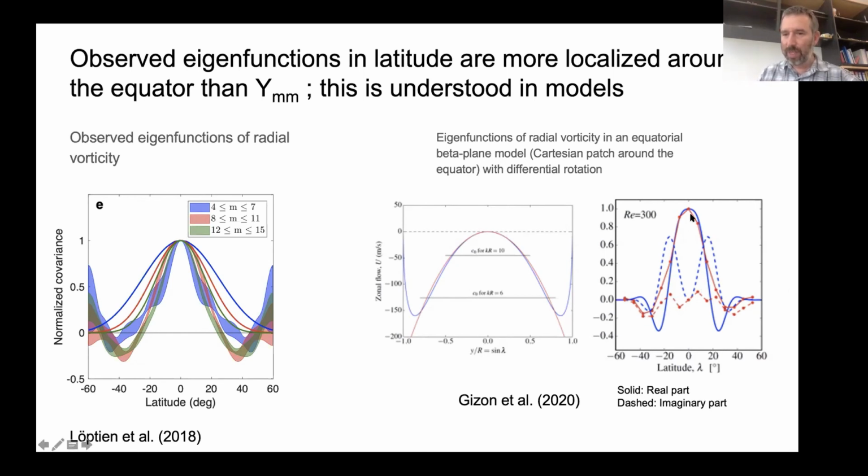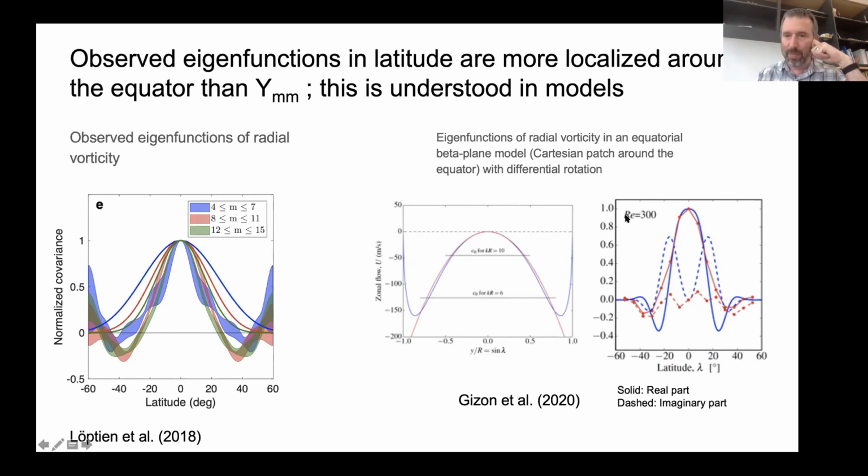The solid blue curve is the real part of the eigenfunction in the model. The solid red curve is the observations. The dashed blue curve is the imaginary part. So these eigenfunctions are complex, and the blue dashed part shows the model for the imaginary part of the eigenfunction. And the dashed red curve is the observations.